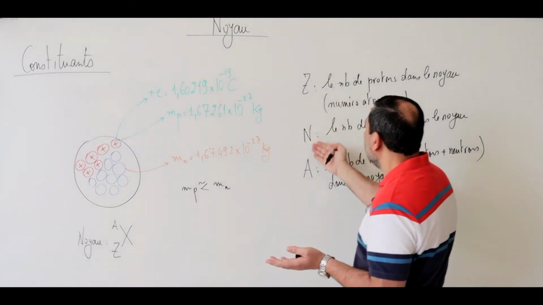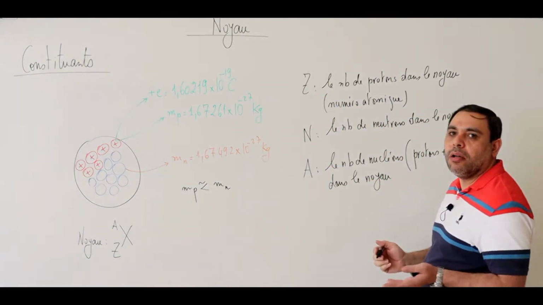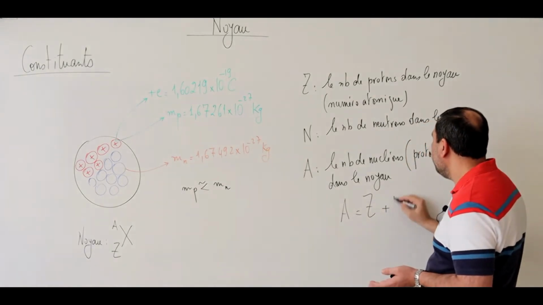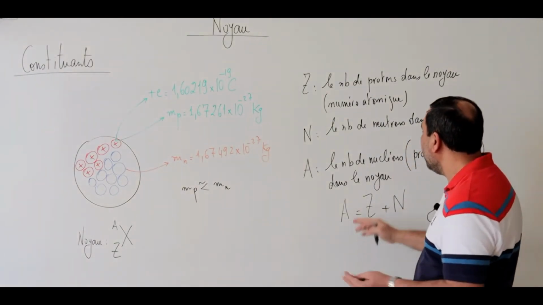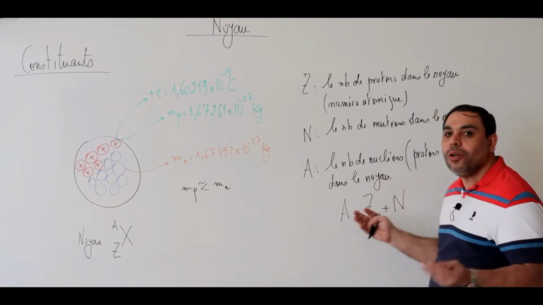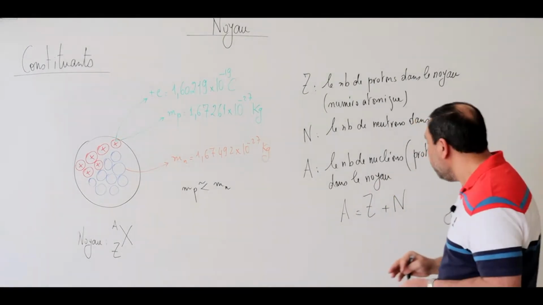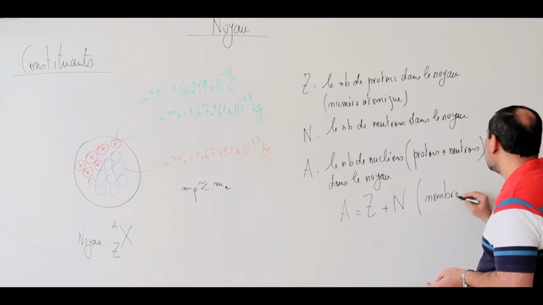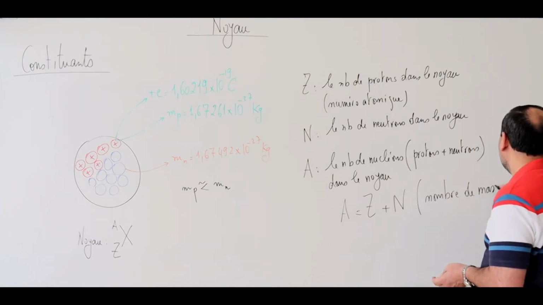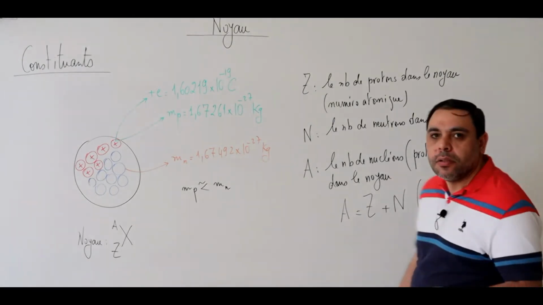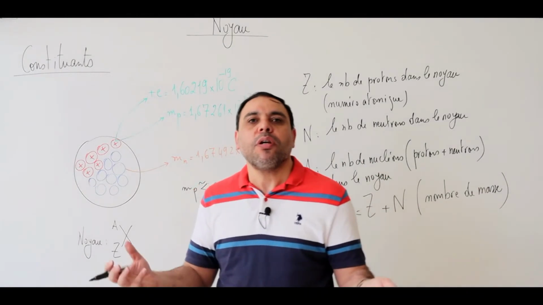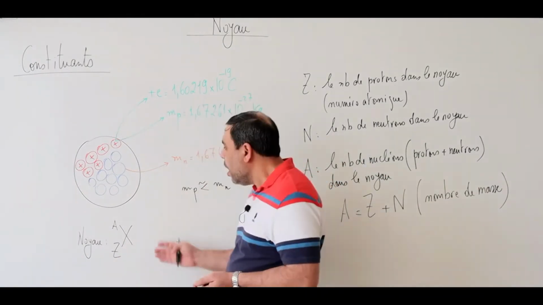We write A equals Z plus N. This is the number of nucleons in the nucleus, also called the mass number. That is to say, it is the number of protons and neutrons.